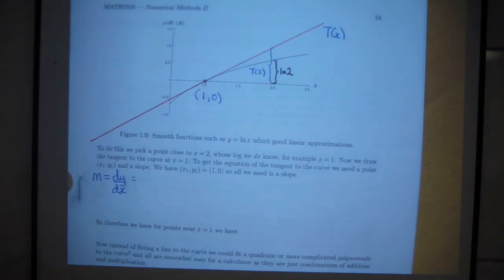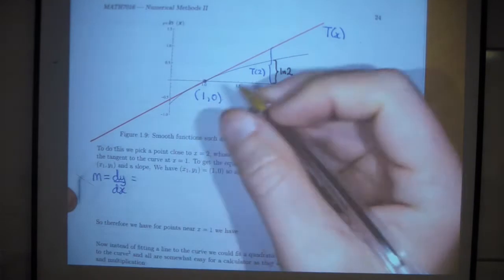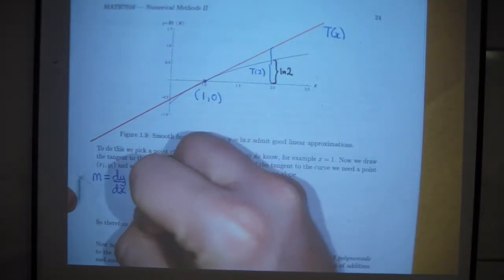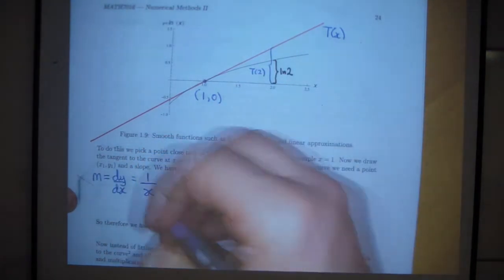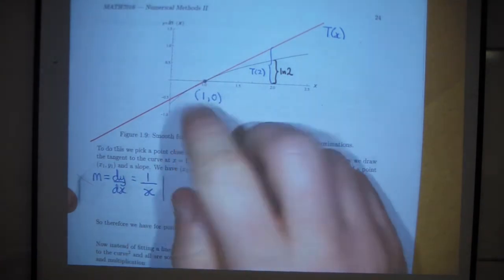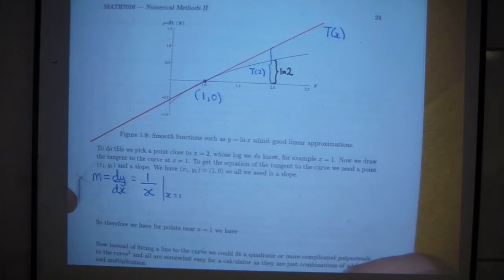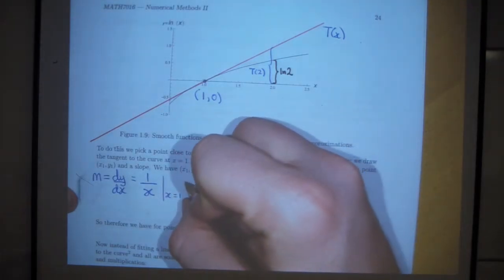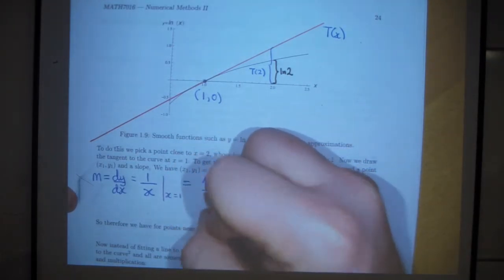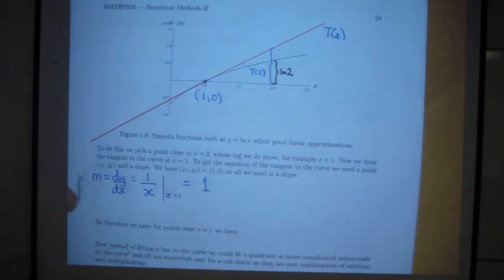Now log of x is not too difficult to differentiate, it's in the tables, it's 1 over x. And we're interested in the slope at x equals 1. So we substitute in x equals 1, and you get 1 over 1, which is 1. So we have a point (1, 0) and a slope of 1.